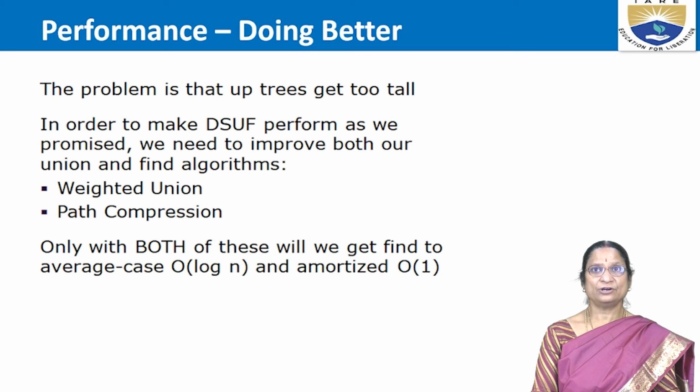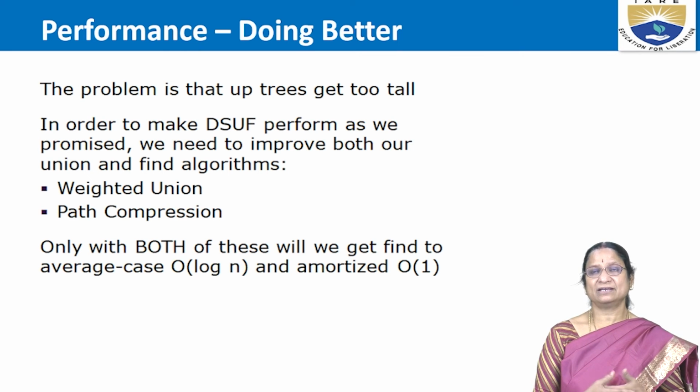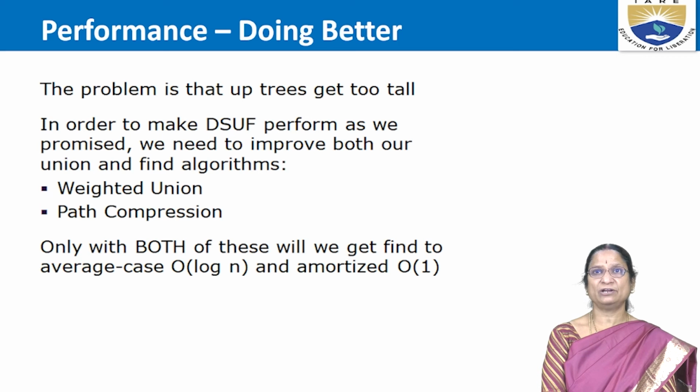Disjoint union and find operations must be performed very effectively. As we have seen, the find operation may take order of n in the worst case, and the union of n disjoint trees into a single tree will also take n operations.